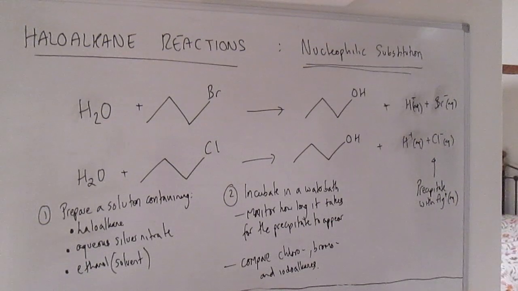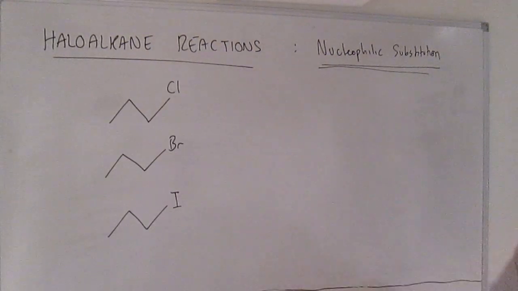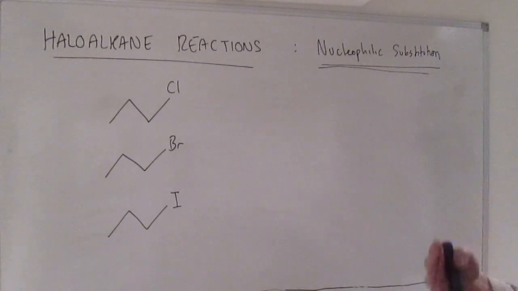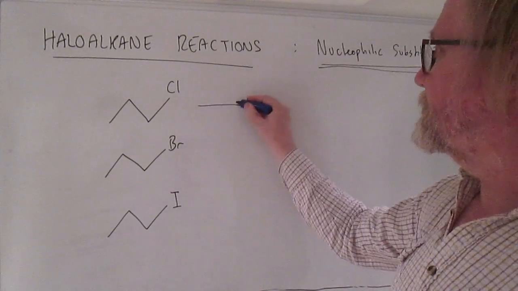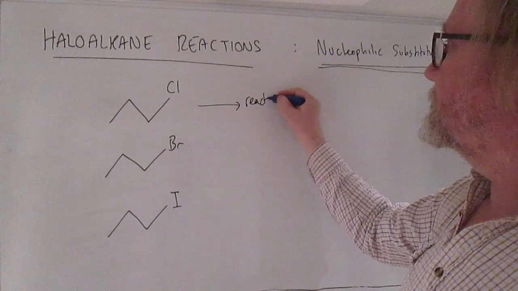Okay, so that's the experiment, and now we want to look at what the outcome is. So if you compare the rate of hydrolysis of these three haloalkanes using that method that we've just talked about, what you find is that this one reacts slowest.